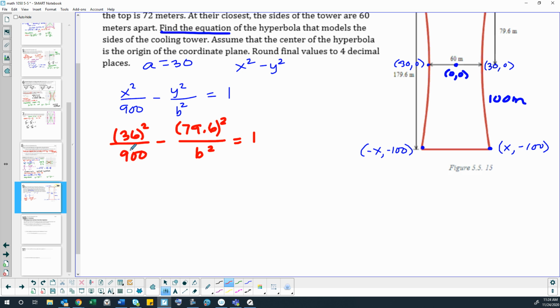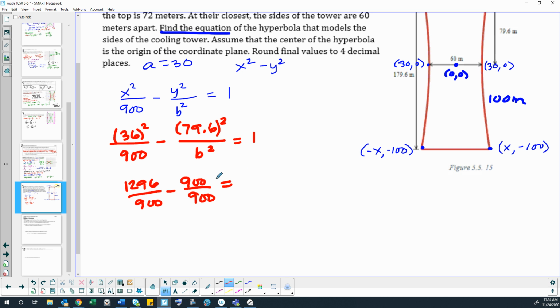And 36 squared is 1296. Alright, so I'm going to have 1296 over 900. I'm subtracting the 1 from both sides. So I'm subtracting 1, but I'm going to write it like this, 900 over 900. And then I'm going to move this over there so that it's positive.